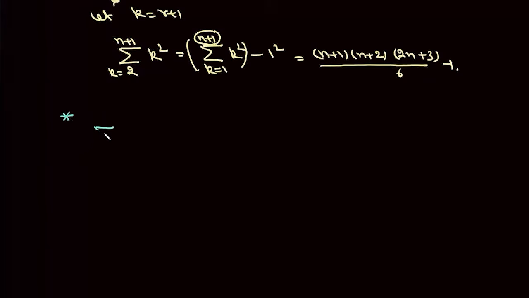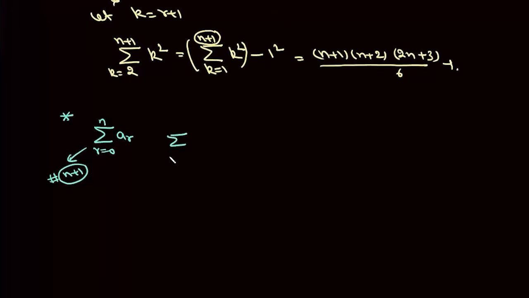So you may get this summation r varies from 0 to n a r. Now, in this case, we don't have n terms because it's not starting from 1, it's starting from 0. So the number of terms in this is n plus 1 and not n.